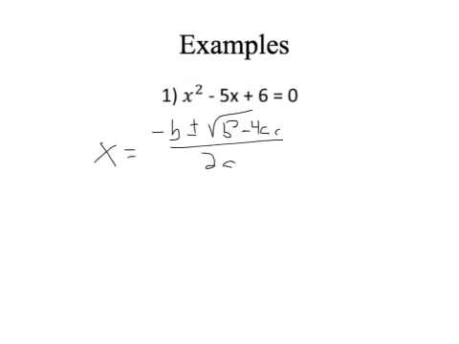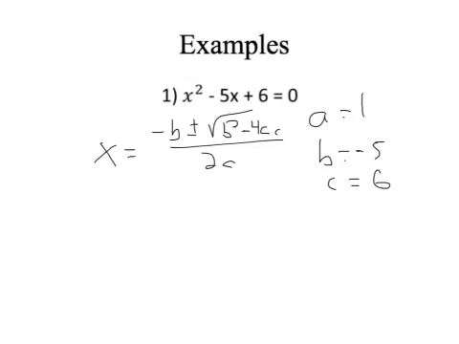So let's identify our a, b, and c first. Our a value is always the number in front of x squared. In this case, the number in front of x squared is 1. So my a is 1. My b is in front of x. In front of x, we have a negative 5. And the c value is by itself, so that means it is the positive 6.